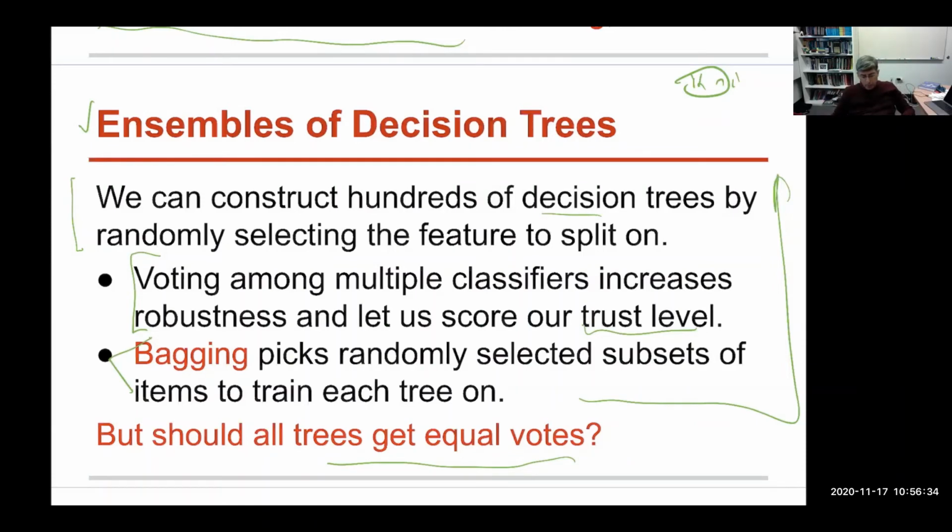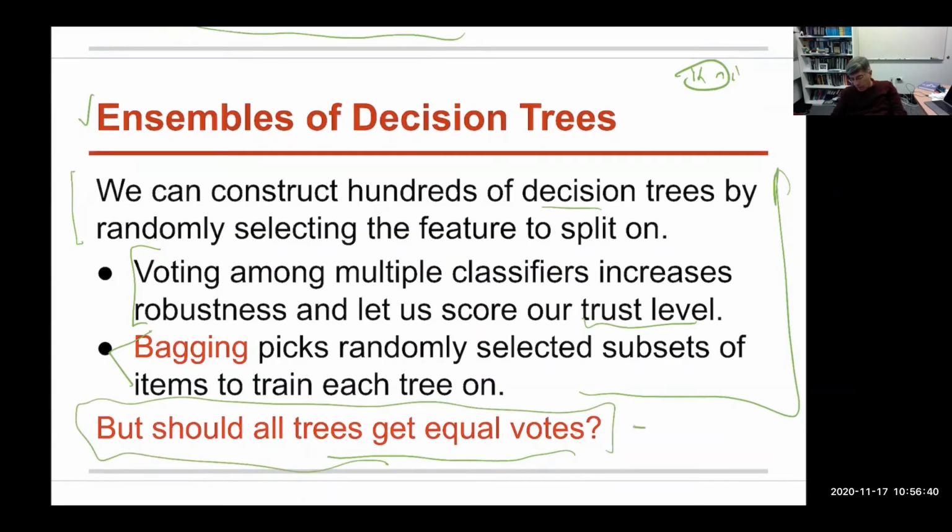Let's raise this question of should all trees get the votes? Suppose I have built 100 trees, and how would I judge? You could imagine each one of these decision trees is going to try to assign a label to a given example.